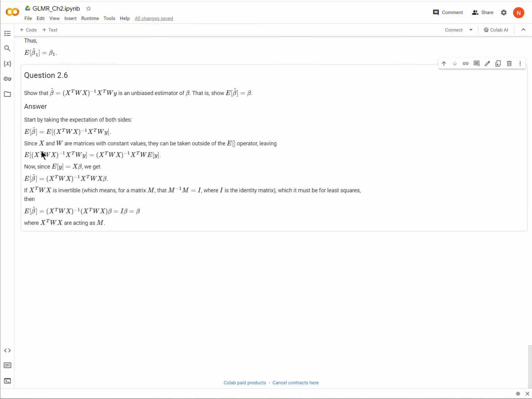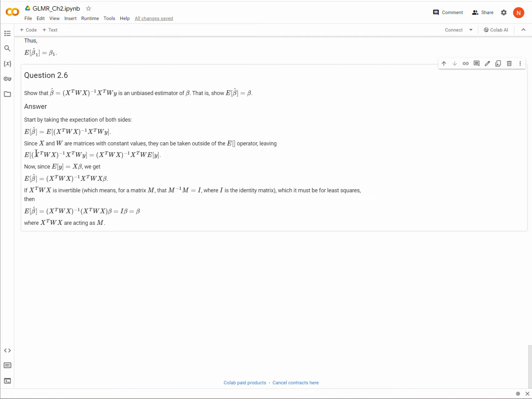Okay, so the way we do this, we have our expression for beta hat, and I'm going to take the expectation of both sides. So the expectation of beta hat is the expectation of the expression for beta hat. Now X and W, these are matrices, but they're constants.